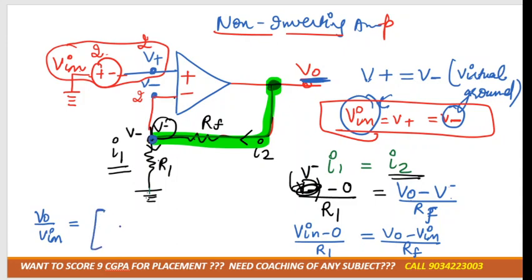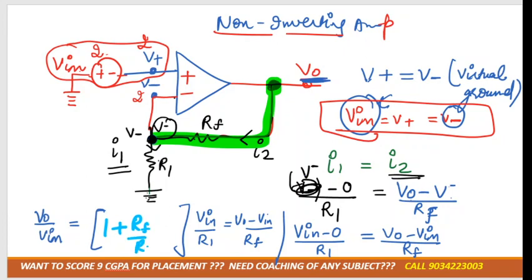You will get V in by R1 equal to V naught minus V in divided by RF. So you can cross multiply, then take V in common. After solving it, you will get the final term as 1 plus RF divided by R1.